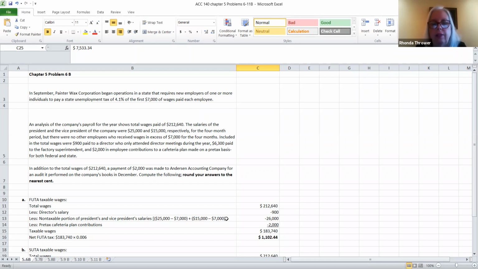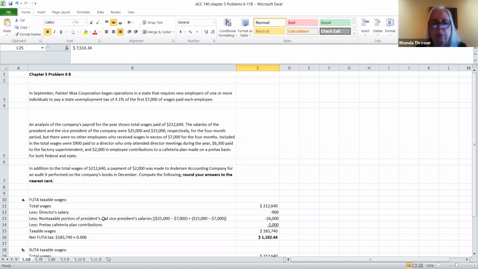We're going to back out the ceiling amount, and what's left are the wages that are not taxed for unemployment purposes. So when you put this in a formula, what you're going to come up with is $26,000 of the wages were not subject to the unemployment tax.